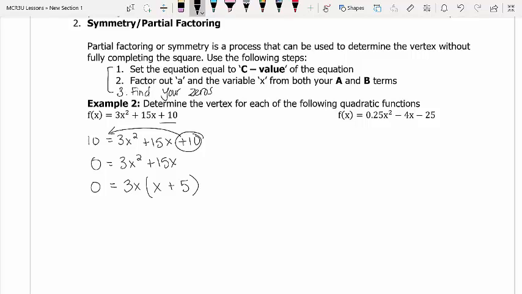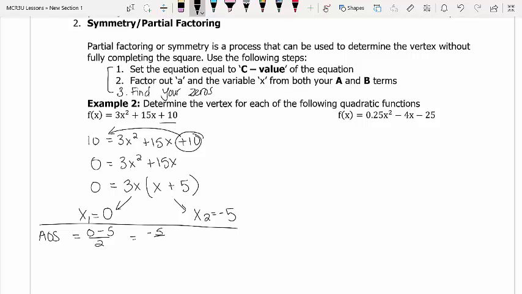And now let's find our zeros from that. So our first 0 is 0, and our second 0 is -5. Okay, now let's find our axis of symmetry. Okay, and let's find our optimal value.